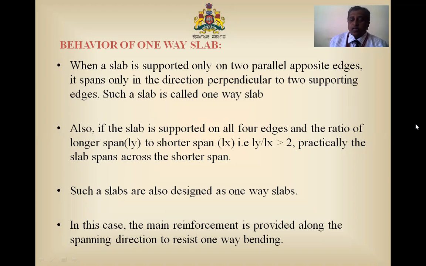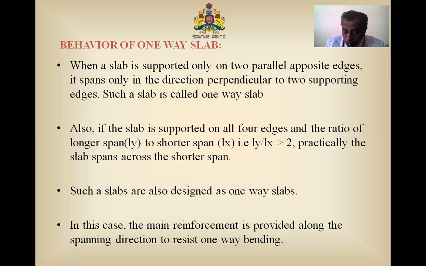Also, if a slab is supported on all four edges, but the ratio of longer span to shorter span exceeds 2, suppose the longer span is 4.5 meter and the shorter span is 2 meter, then 4.5 by 2 is equal to 2.25.